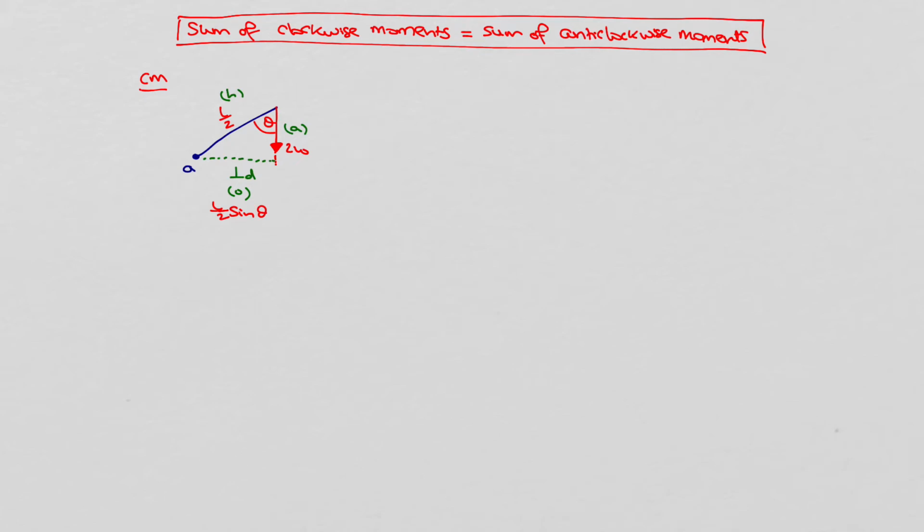If I look at the next clockwise moment, it's the weight of the rod BC. So again, if I mark here my fulcrum A, well, I have the rod AB and then the rod BC. So the weight is acting along this line here, and therefore I need to get the perpendicular distance from the line of action to the fulcrum. So this would be the perpendicular distance.